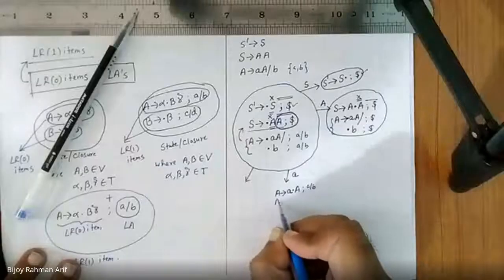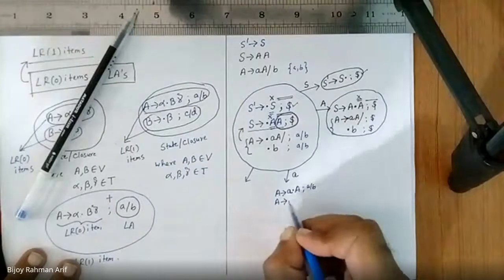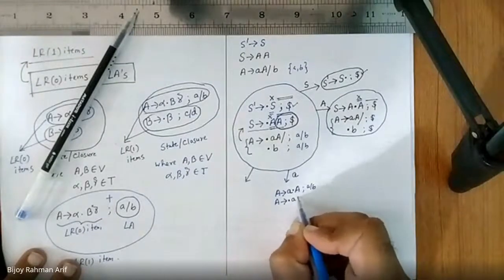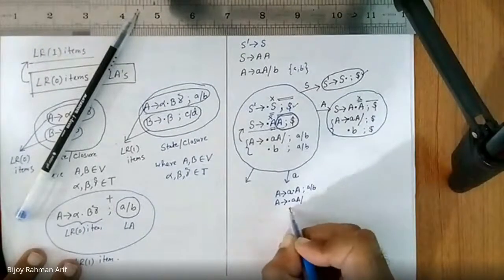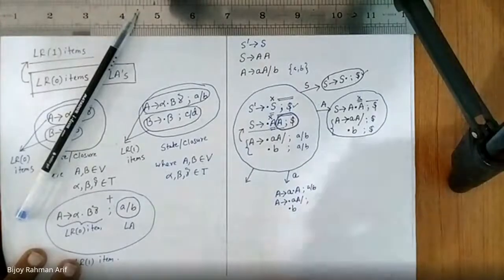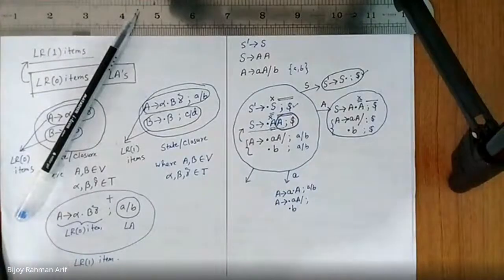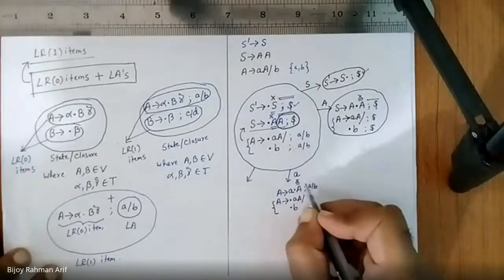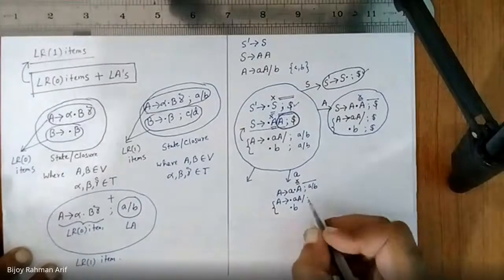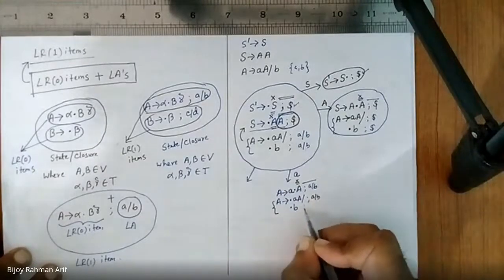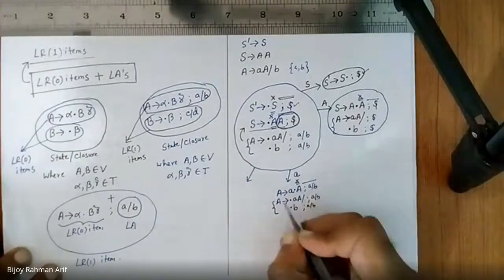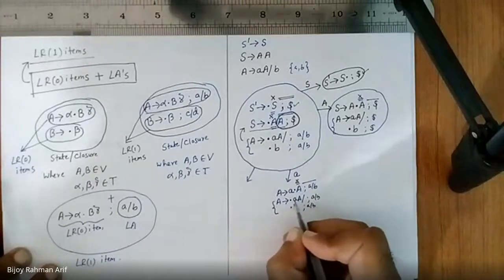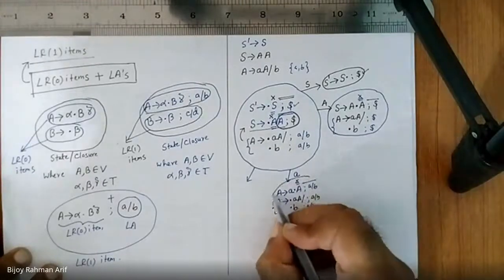Capital A. So I have to add again all the products starting with capital A: A derives dot a A or dot b. Now what would be the lookahead? You add this product because of this one. So discard this one, and whatever remains, first of that, is nothing but a or b. So you are done because now just after closure there is a terminal. So you have to stop.